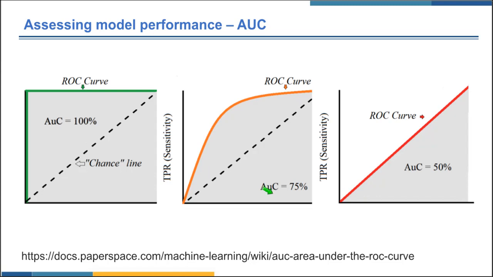And this is a more realistic situation where it makes some mistakes, but most of the time it will be right. And if the AUC is equal to 50-50, it means this model cannot do better than tossing a coin. It means you have to do a serious job to improve your model.